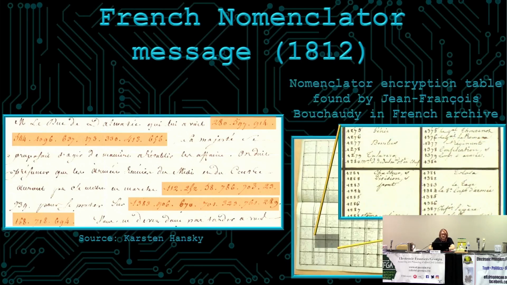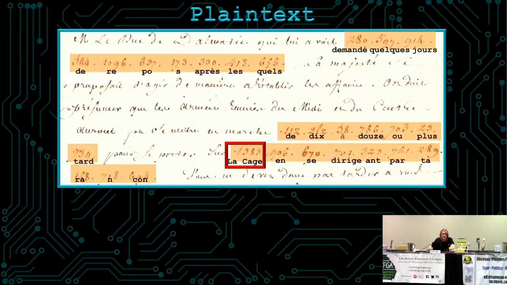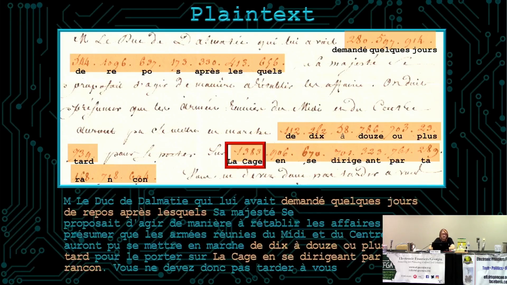And here is the nomenclator table, and I'm just going to point out one particular part of it, which is the number 1383, which is "lacage," and then the actual letter would come out like this. "Monsieur le Duc de Damati, qui lui avait demandé quelques jours de repos après le cap."